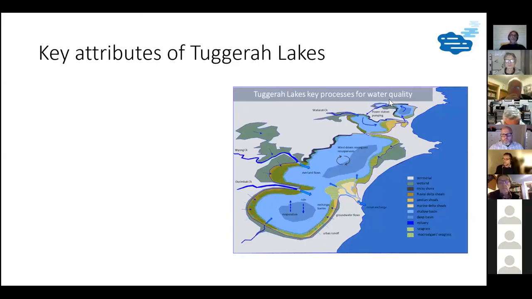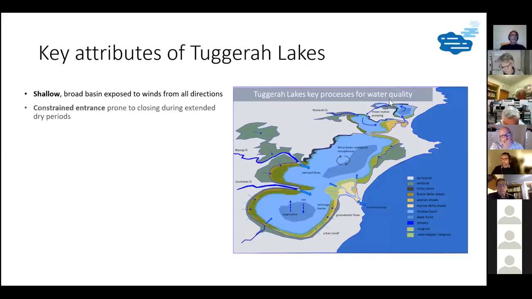One of the key defining attributes of Tuggerah Lakes is that it's very shallow. It's a broad basin, open and exposed to winds from all directions, and that is really a defining physical attribute of the lake. As you've heard in previous nights, it has a constrained entrance that's prone to closing or becoming constricted during extended dry periods.